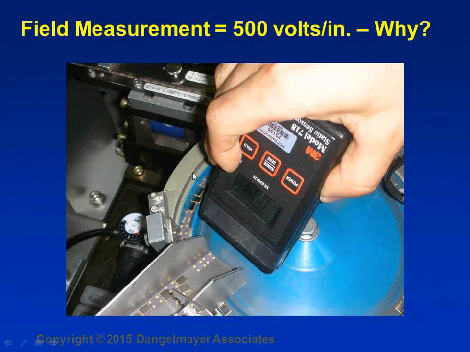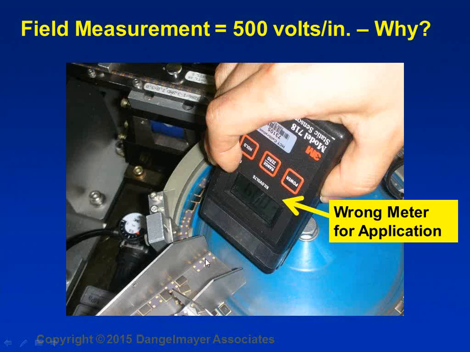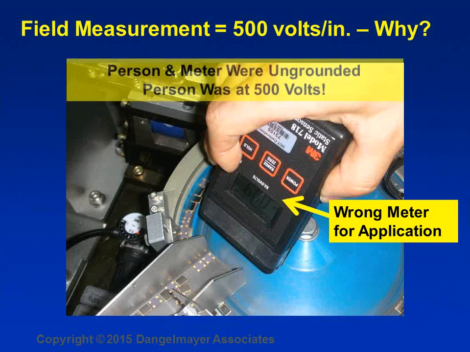You have the metal of the equipment, which is unavoidably grounded, and therefore there's no way the meter could have been at 500 volts. Well, it turns out, as we said before, it was the wrong meter, and in this case, it turns out that the engineer from the customer visiting the contract manufacturing site was not grounded. So he and the meter were at 500 volts, not the equipment, and triggered this international event, so to speak.